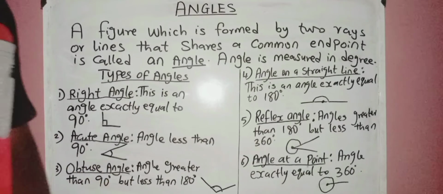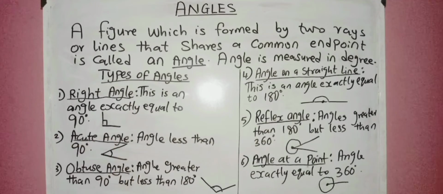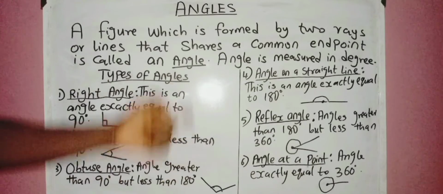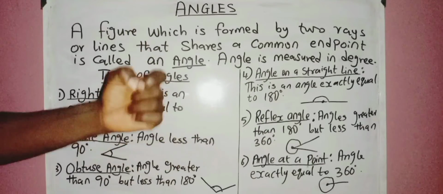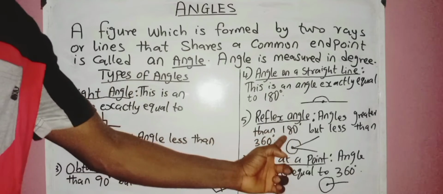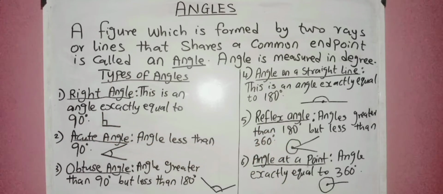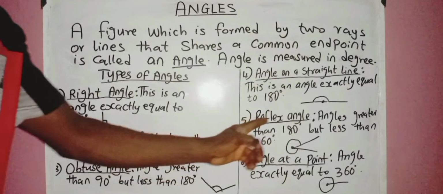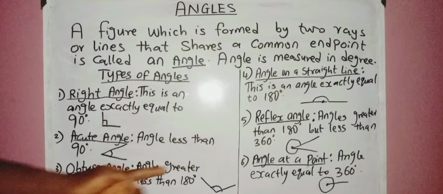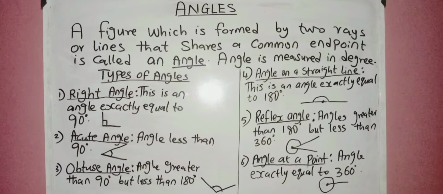Now my question is, what about 359 degrees? Is it a reflex angle or not? I know somebody may have gotten the answer. It is a reflex angle because 359 degrees is greater than 180 but not up to 360. Therefore, it is called what? A reflex angle.